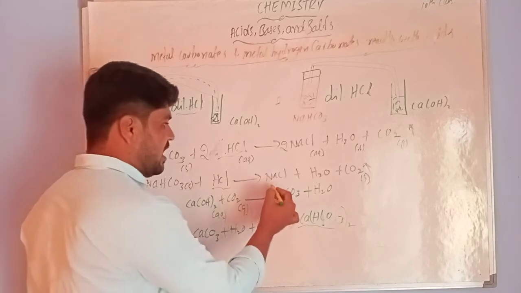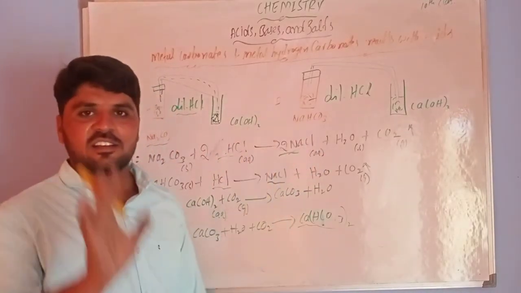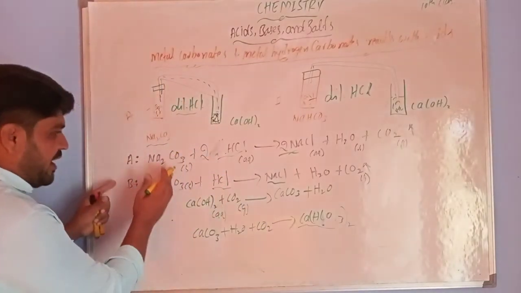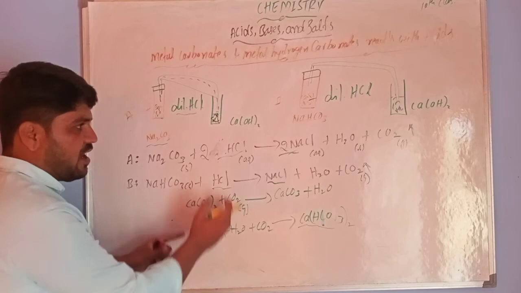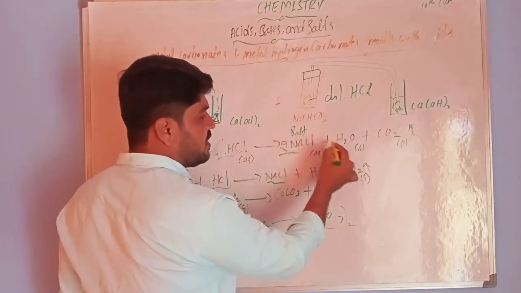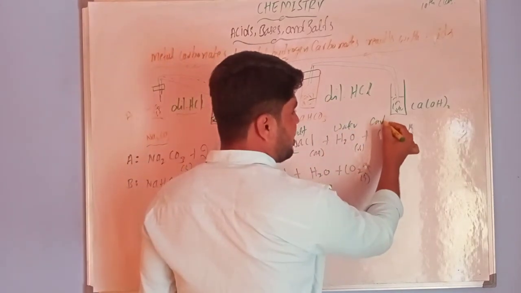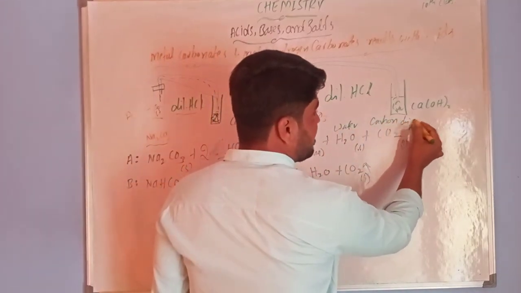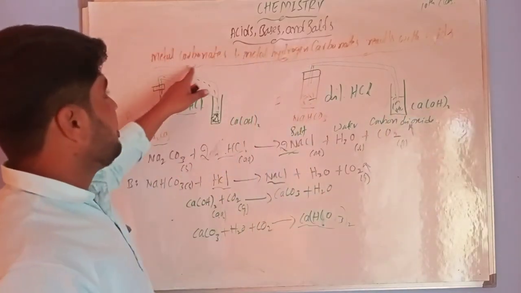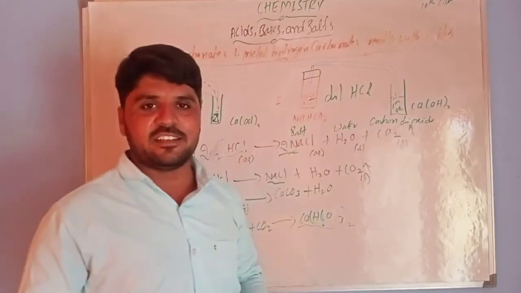Here NaCl is the salt. When metal carbonates and metal bicarbonates react with acid, they produce salt, water and carbon dioxide. This is how metal carbonates and metal hydrogen carbonates react with acids.